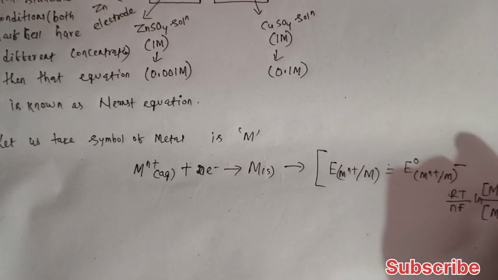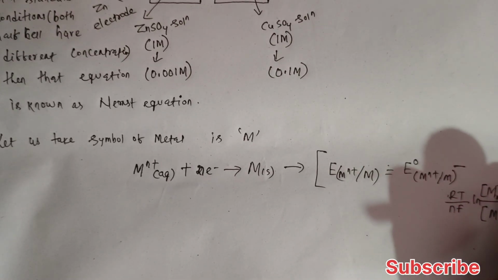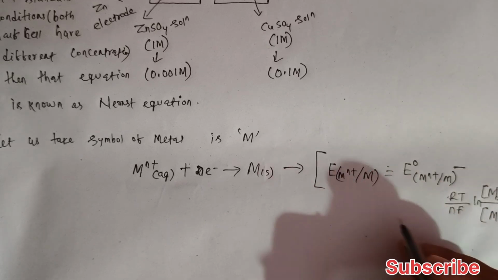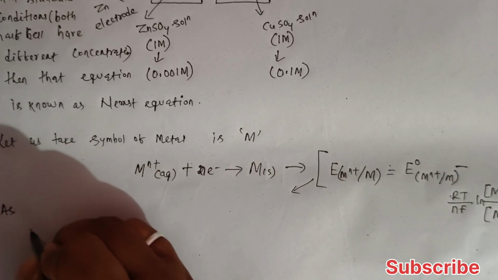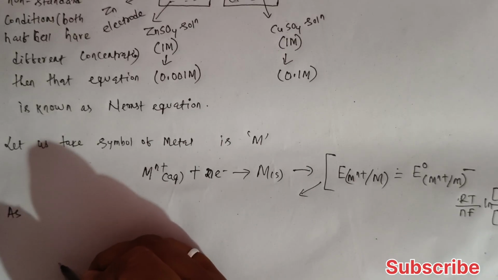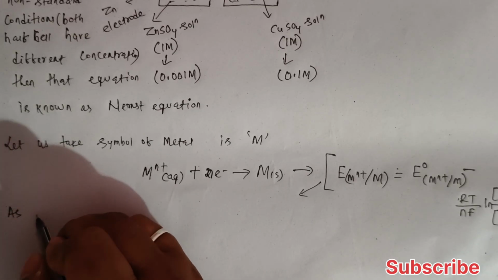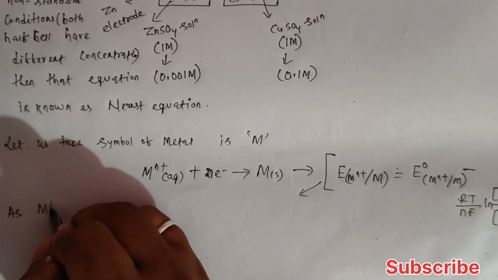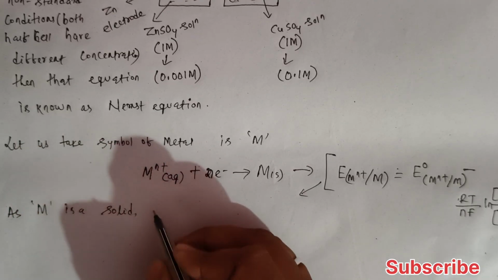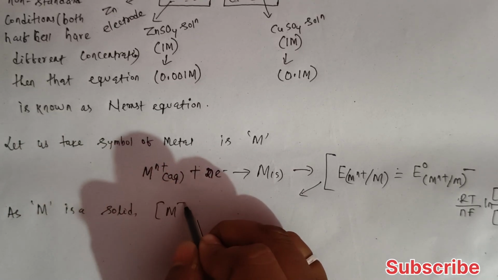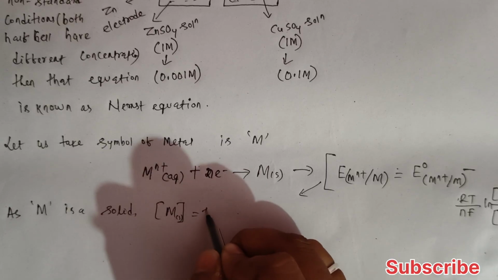But for a solid, as we all know, metal M is a solid, so the active mass or concentration of a solid must be equal to 1.